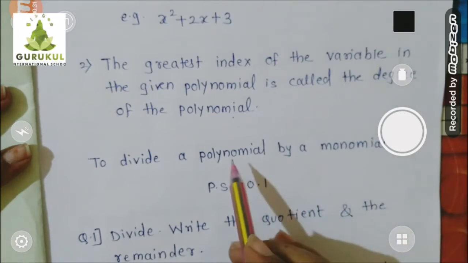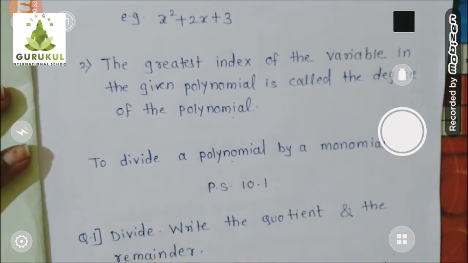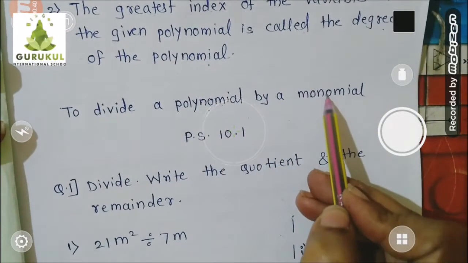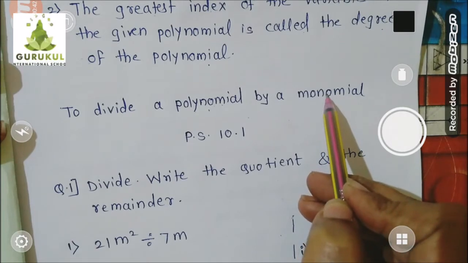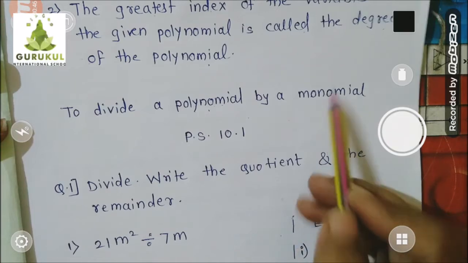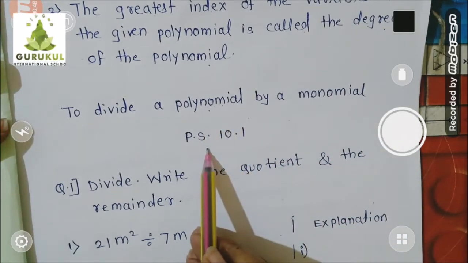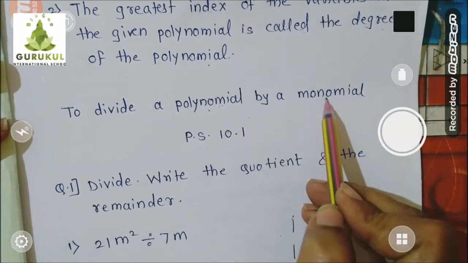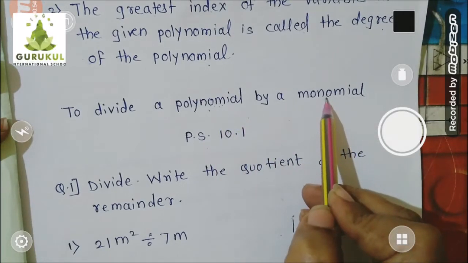Based on this, our exercise 10.1 is there, and 10.2 is dividing a polynomial by a binomial, meaning you have to divide by two terms. Okay, that is exercise 10.2. So let's concentrate on exercise 10.1, how to divide any polynomial by a single term, that means by a monomial.